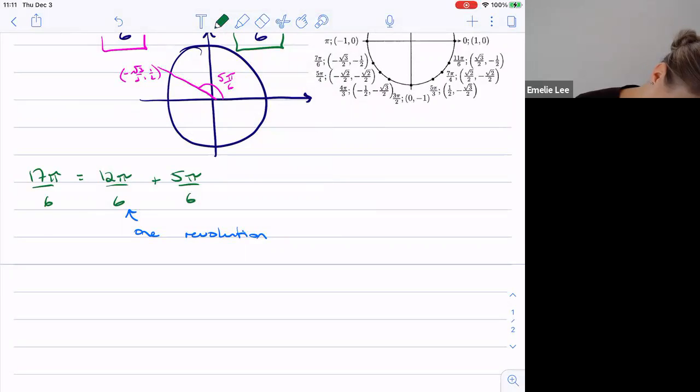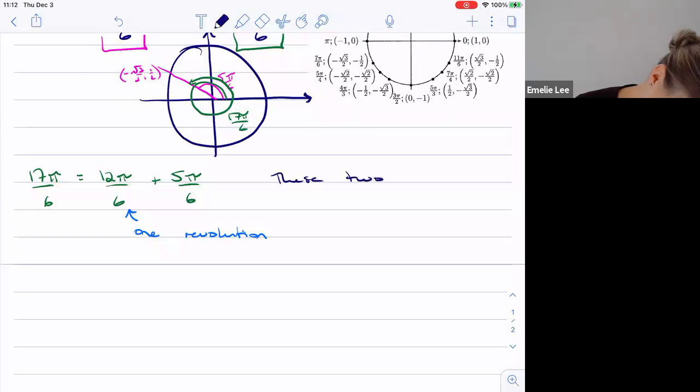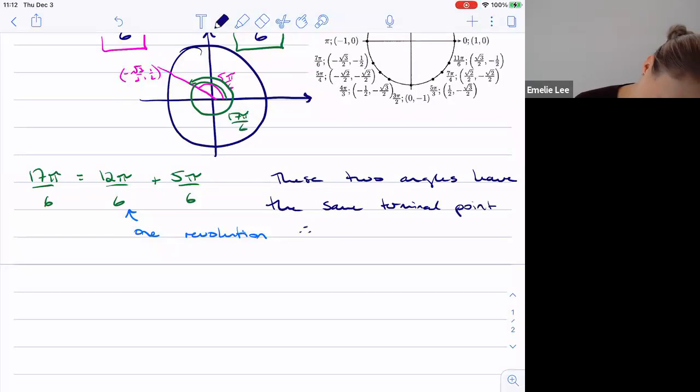So 17 pi over 6 ends at 5 pi over 6, which is the same. So these two angles have the same terminal point. Therefore, they are coterminal.